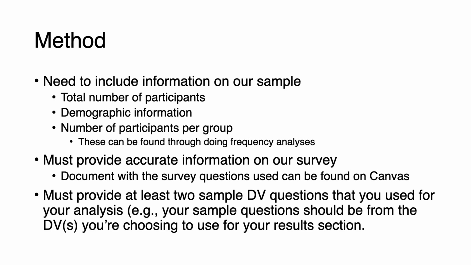You also need to provide things like how many questions were on our survey, how long it should take. All that information, again, can be found on that document that I put on Canvas. And I do believe I also included some of that information on the sample recruitment post as well.